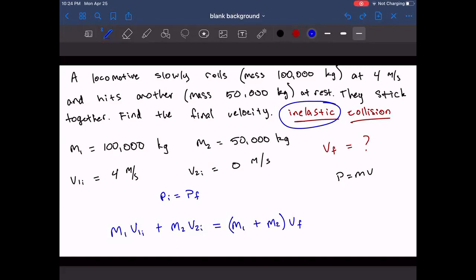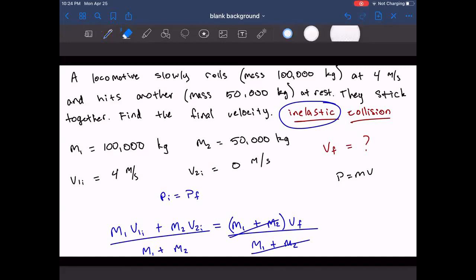How do I move it? Okay, so you're going to divide by m1 plus m2 on both sides. If I'm multiplying, I have to divide to get rid of it, right? And then doesn't that cancel out the m on the other side?